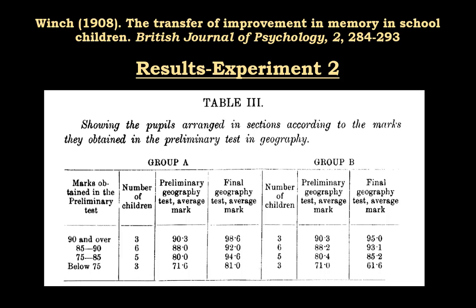Winch wants to know whether in geography the same applies as in history, and he finds that the performance in the geography test in this first category of participants is an average of 98.6 versus 95, then 92 against 90, versus 93, which is lower in Group A than in Group B. But then 94.6, much higher than in the previous group, versus 85, and then 81 versus 61.